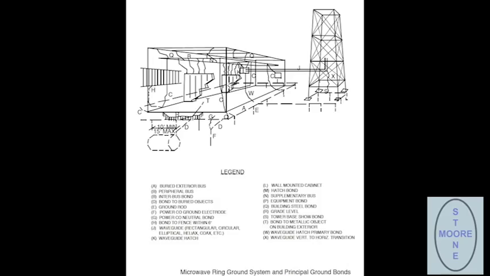Anytime you have a flow of current, you have an electromagnetic field that expands out, and then when the current flow stops, the field collapses back.